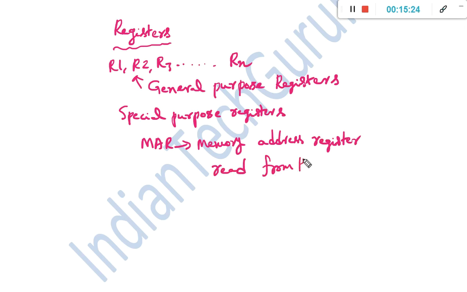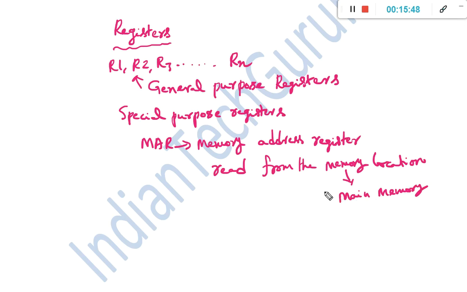from the memory location. So always, memory is going to represent main memory. If you want to specify some other memory such as register memory, then you have to say register memory.